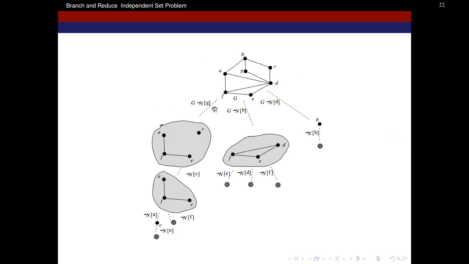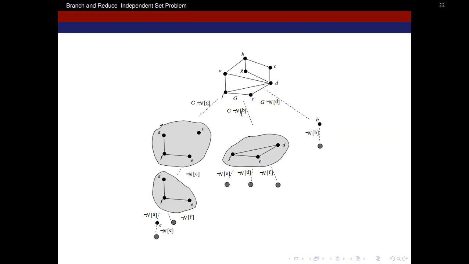From G, we delete the neighborhood of G. The neighborhood of G contains the vertices B, G, and D. You know that deletion of a vertex means we delete the vertex and also the edges incident to that vertex. So we delete B, G, and D, and we get this instance.